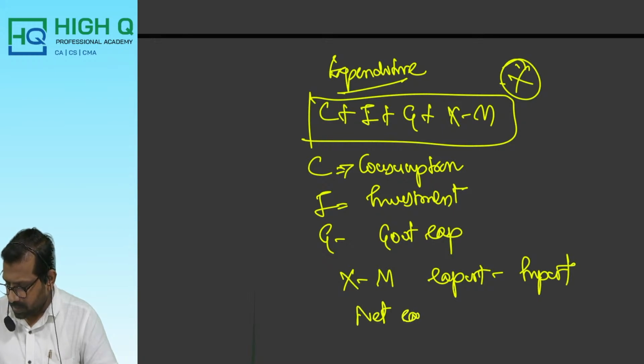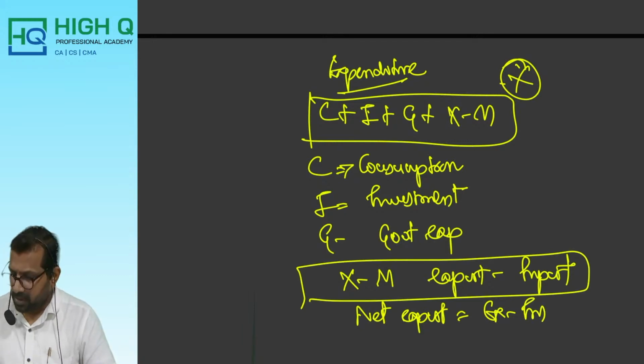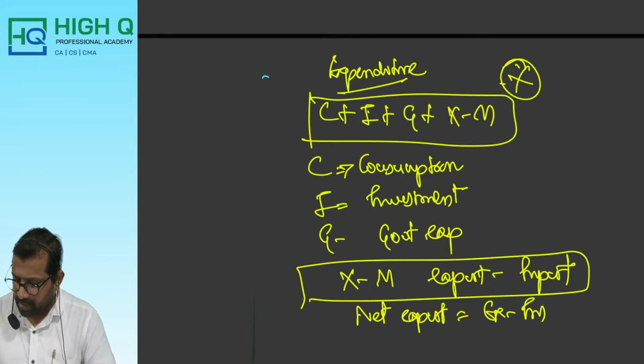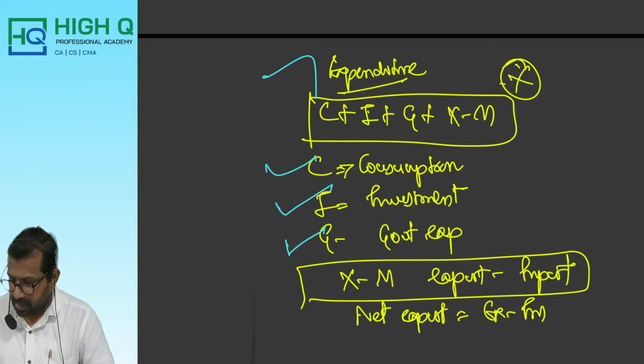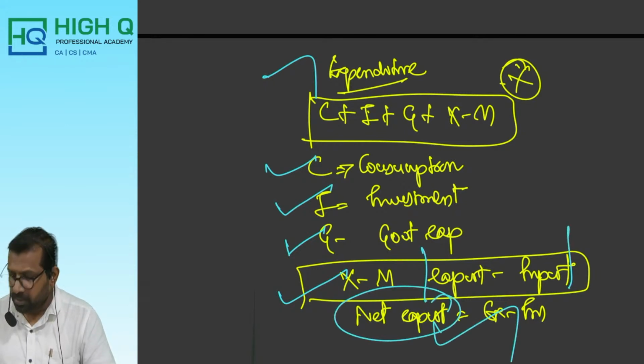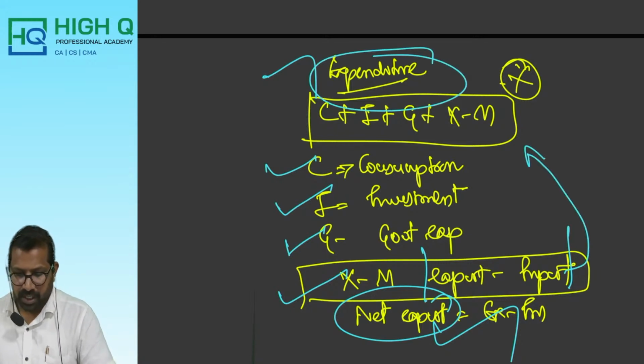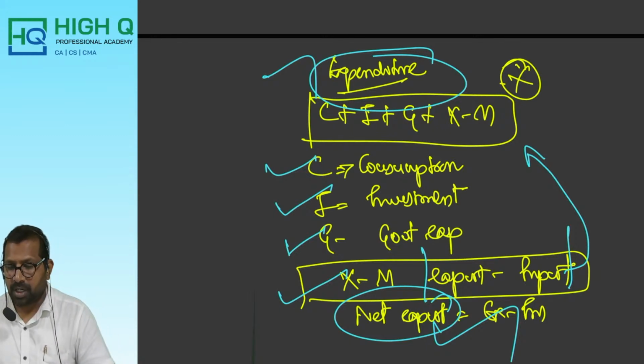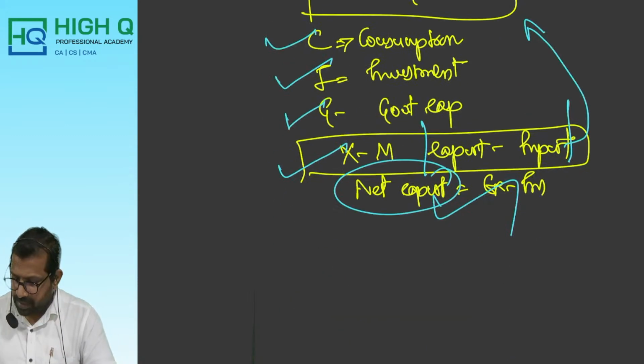Therefore, net export equals export minus import. So the formula to calculate by the expenditure method is consumption, investment, government expenditure, and net exports, which is exports minus imports. So there are 3 methods: product method, income method, and expenditure method.